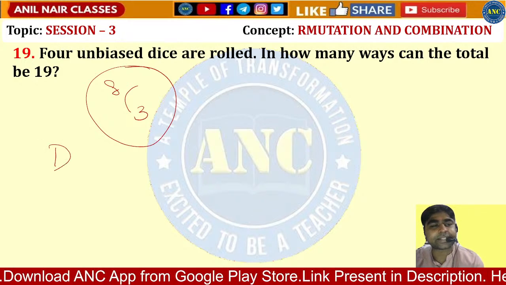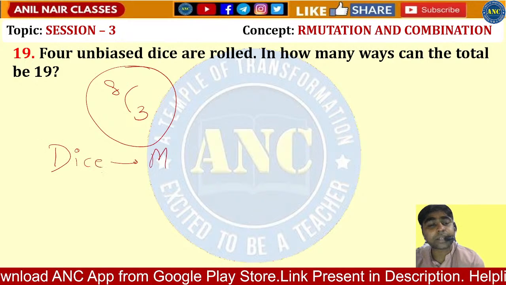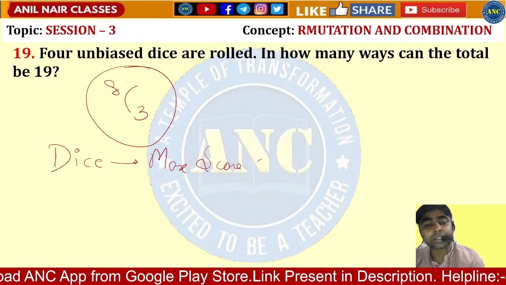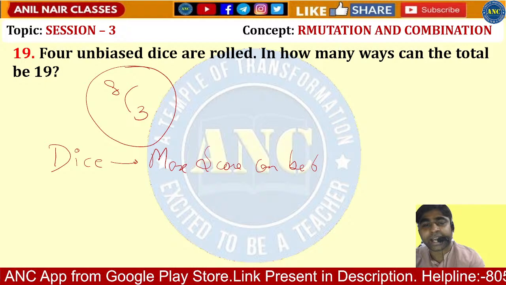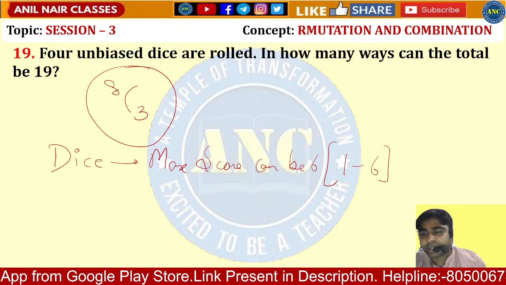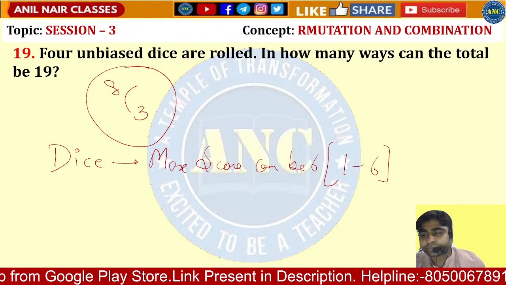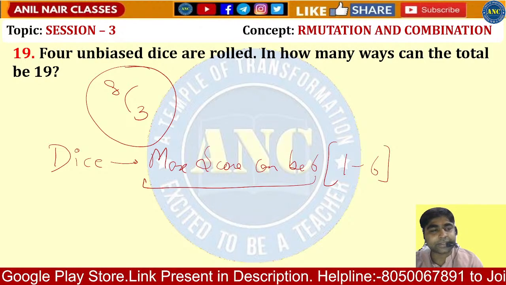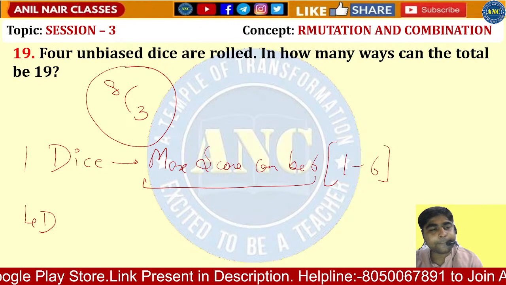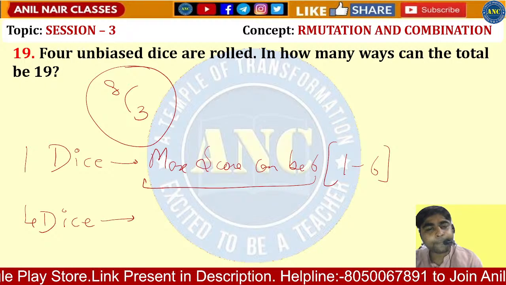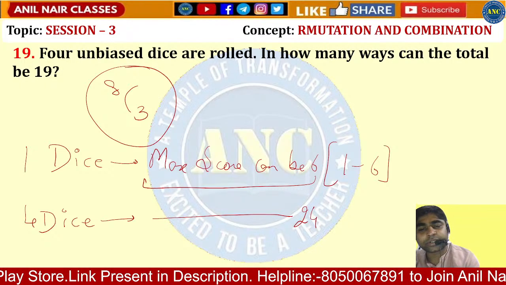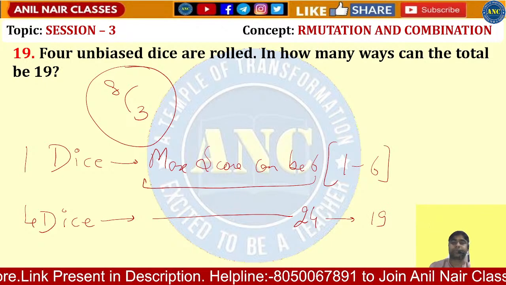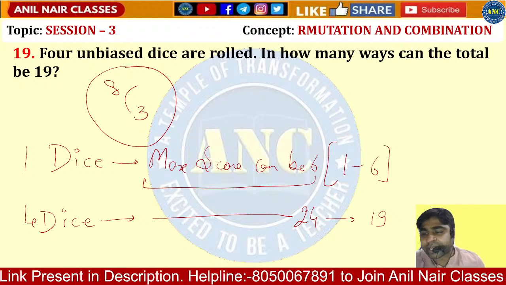Because in a dice, the score can range from 1 to 6, so the max score of 4 dice can be 24. But we need the answer as 19 only.